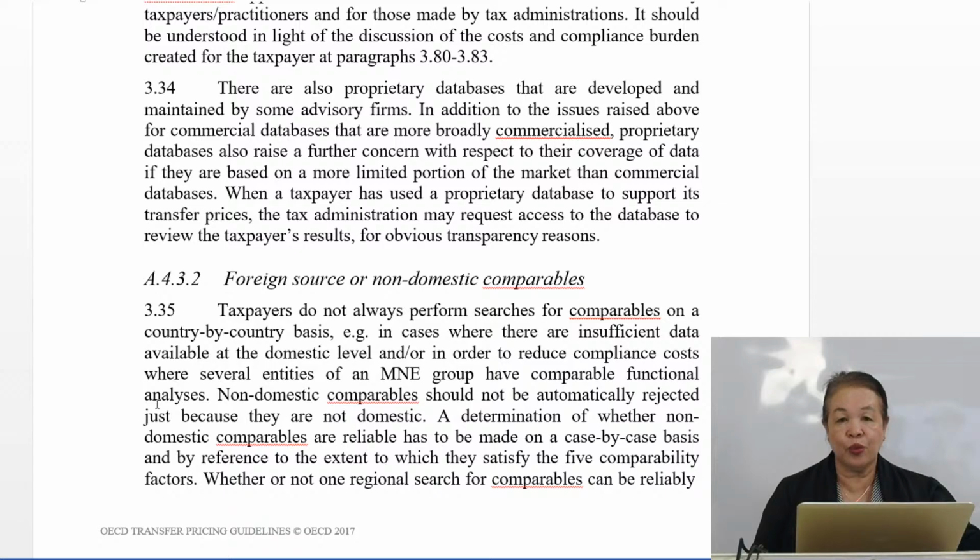So in this case, pwedeng tingnan ng tax authority yung source mo na database. And siyempre, gobyerno, the database cannot refuse for authenticity purposes. Kasi pwedeng tingnan ng tax authority yung database kung tama ba o saan nanggagaling yung kanyang information for the authenticity also of the information. And sabi dito, for transparency reasons.